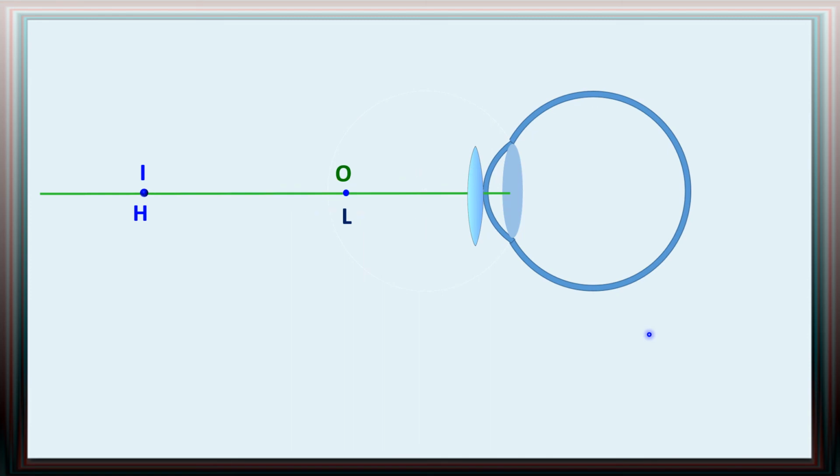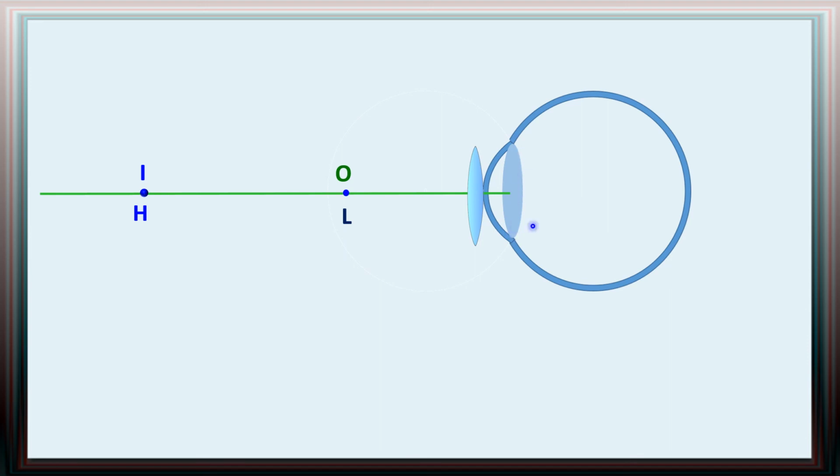Okay, that's all. So this is the point object. Its image has been formed at H by the convex lens. Now this image I will act as the object for this eye lens.